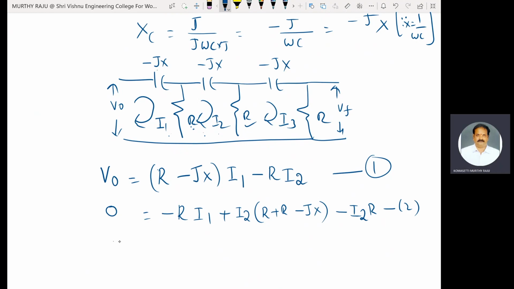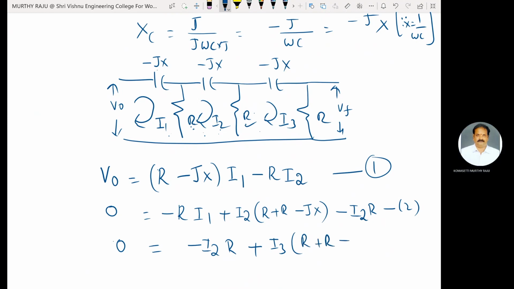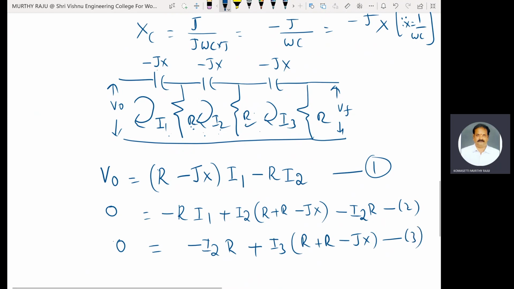Coming to the third equation, 0 is equal to minus I2 into R, since this R is common to the second and third loops. There is no connection to the first loop. Plus I3 into R plus R plus R minus jX, that is 2R minus jX. See the third equation.